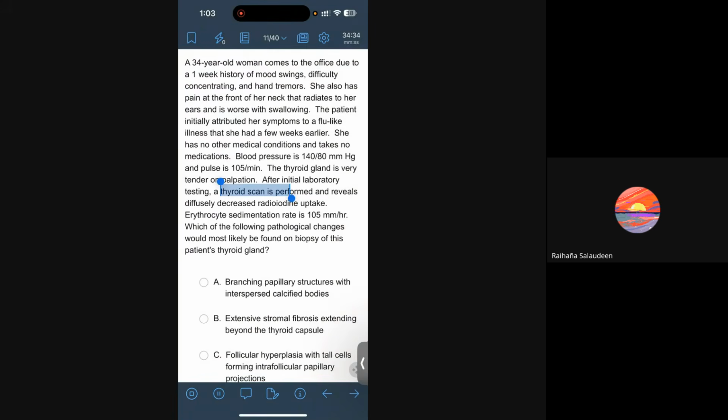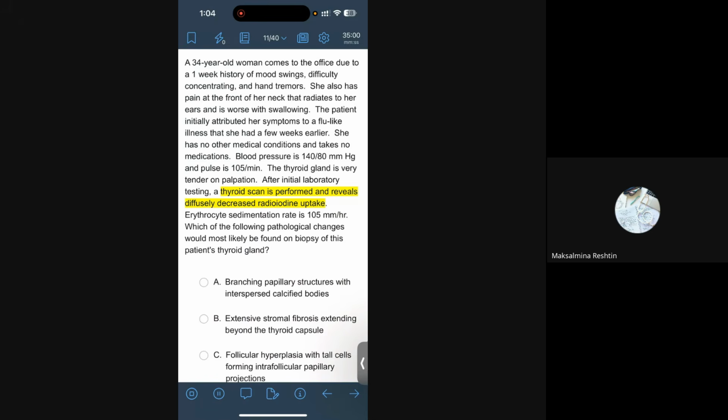The thyroid scan shows decreased thyroid radioiodine uptake. Why? Because it is a thyroiditis, an inflammation. The cells are destroyed. The only reason we are seeing the hyperthyroid symptoms is the preformed thyroxine hormone in the destroyed cells, which is now released into the bloodstream.